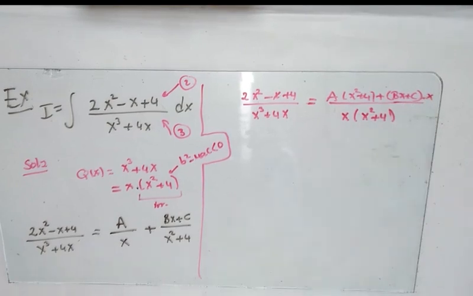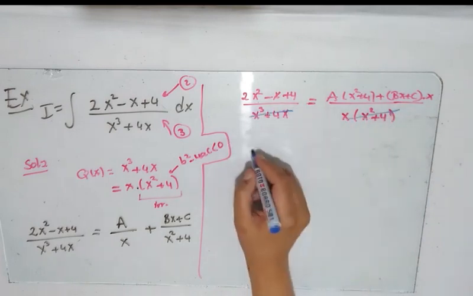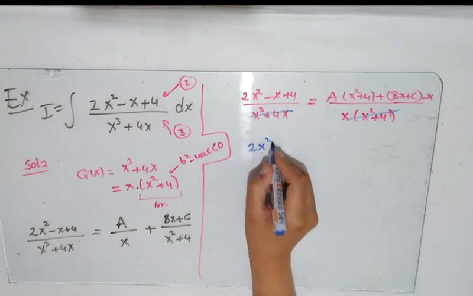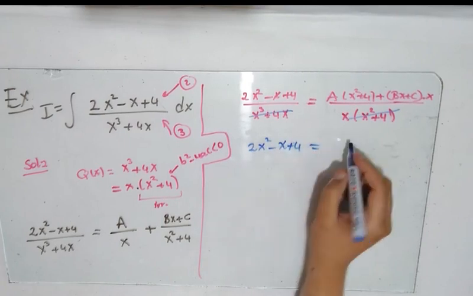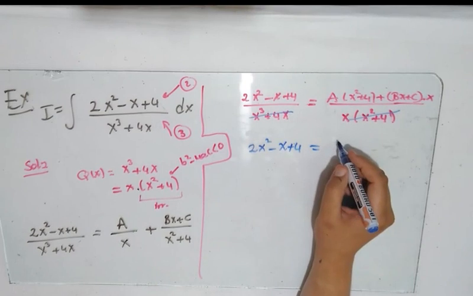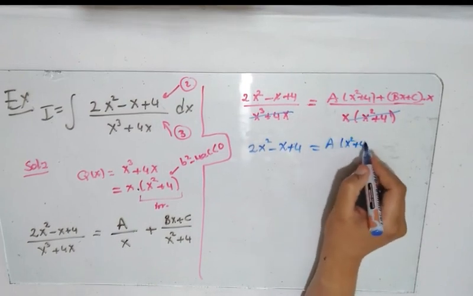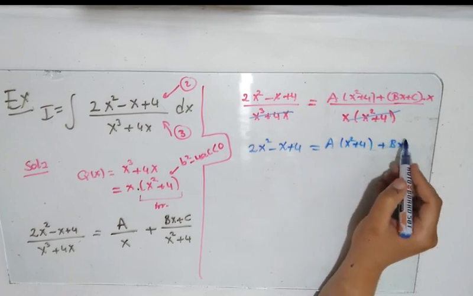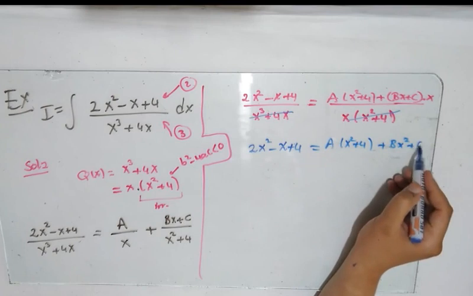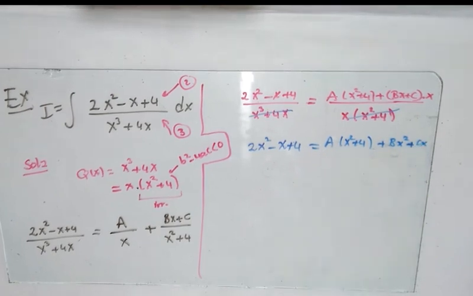Then you can cancel these two factors because they are the same, so you get our important equation. That's 2x squared minus x plus 4 equals a times x squared plus 4 plus bx squared plus cx.